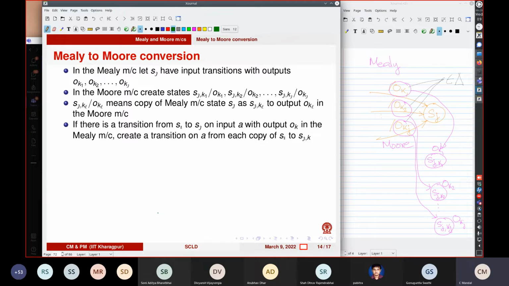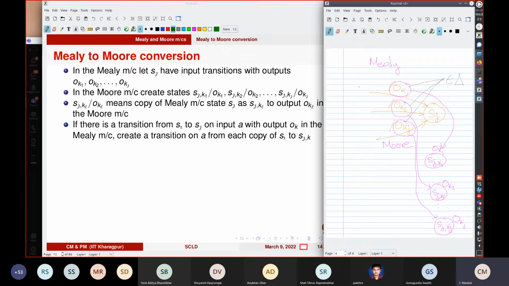Now if you have a transition, say this is SI and your input is A, then SI can be split up as SI1, SI2, and so on.